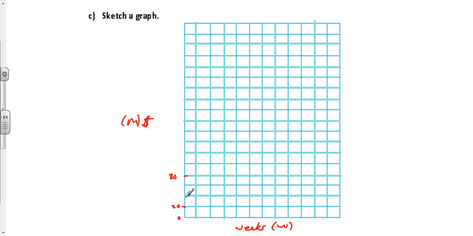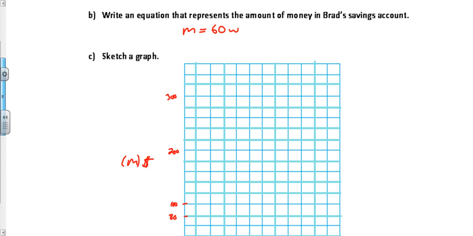So 20, 40, 60, 80, 100. This is 100. 20, 40, 60, 80, 200. 20, 40, 60, 80, 300. And so on. The bottom will go by weeks, so 1, 2, 3, up to 7. We're wondering how long will it take them to have the same amount of money in the bank.